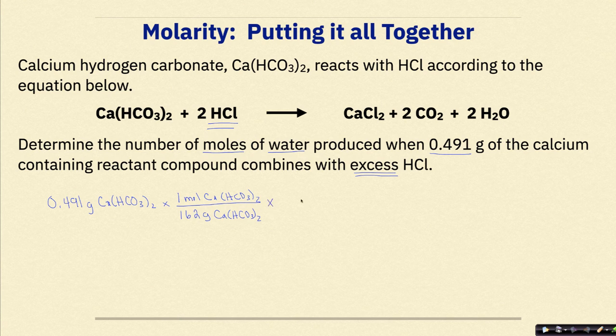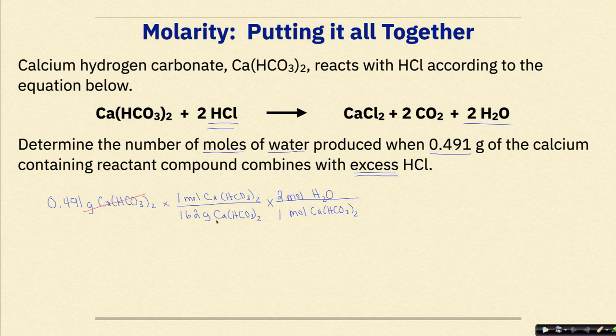So I'm going to put in my next conversion factor. I know that this is going to be a mole-to-mole section. So moles of Ca(HCO3)2, and I want moles of water, moles of H2O. I'm going to go up to my balanced chemical equation. And where's water? Oh, here it is. So for every 2 moles of water produced, I need 1 mole of calcium hydrogen carbonate at the beginning. Before I go any farther with my calculations, I'm going to make sure that all my units cancel.